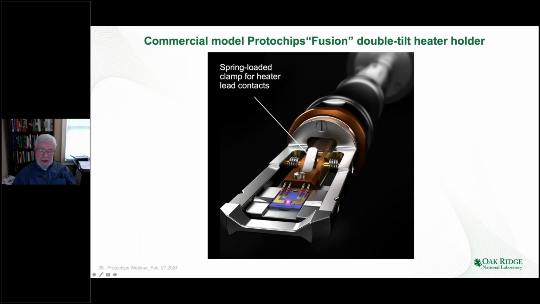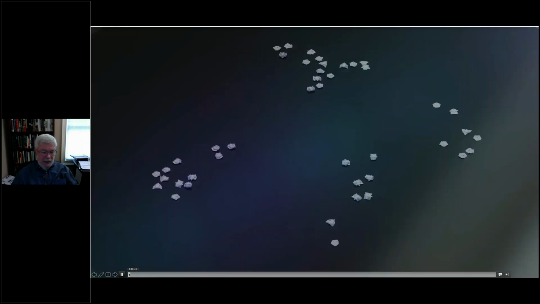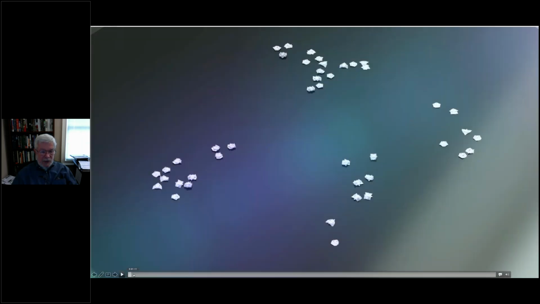Here's, I think, one of the first commercial versions of the Protochips CAD designed beautiful double tilt heating holder, in this case a 4-contact holder. I'll show this animation for the fusion technology, and I'll speed it up here.